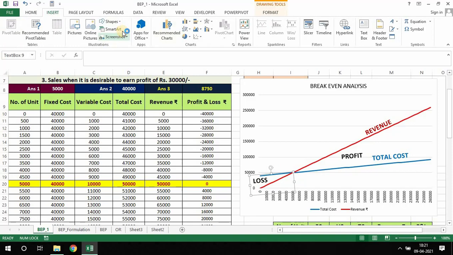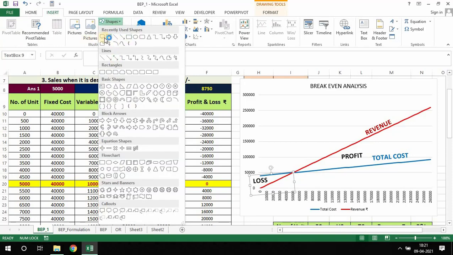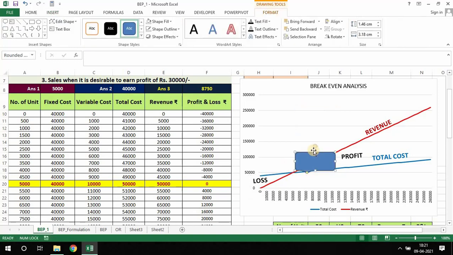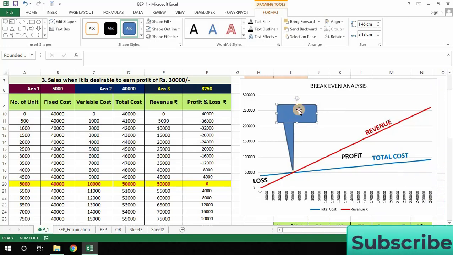Okay, and the last remaining term shows this point. That point is called the break-even point.